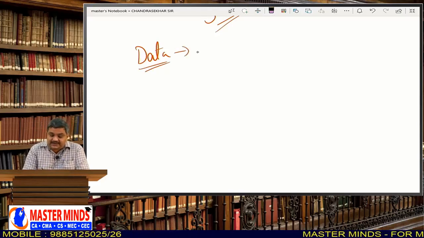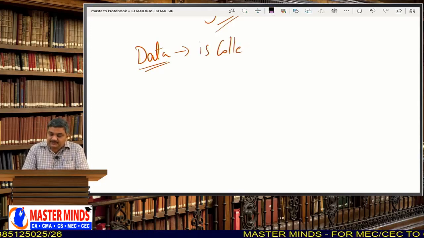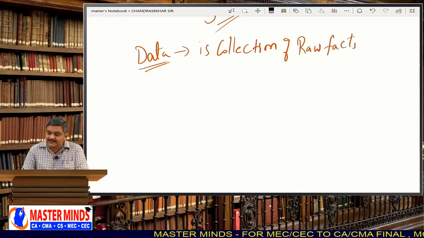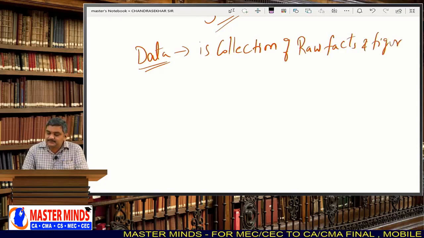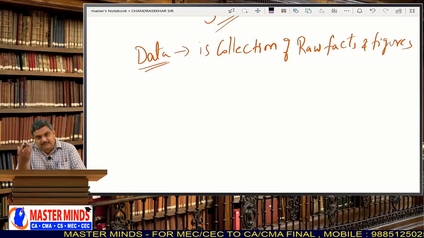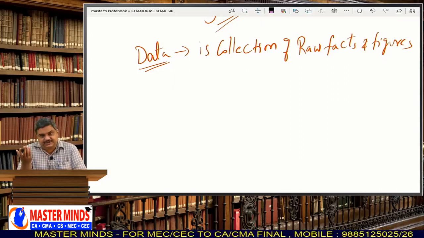That means data is a collection of raw facts and figures. So we collected the data from different people, different things, different entities.